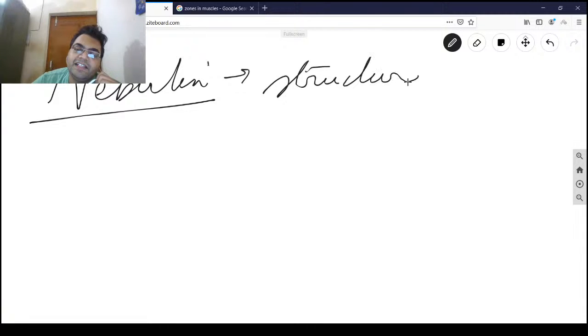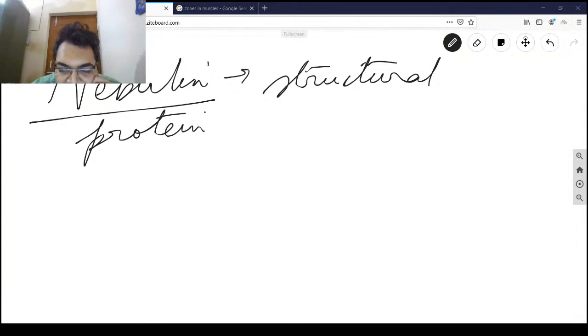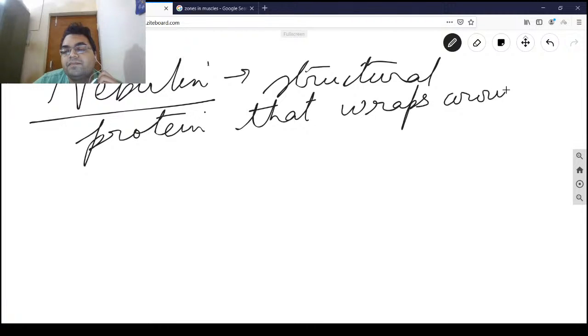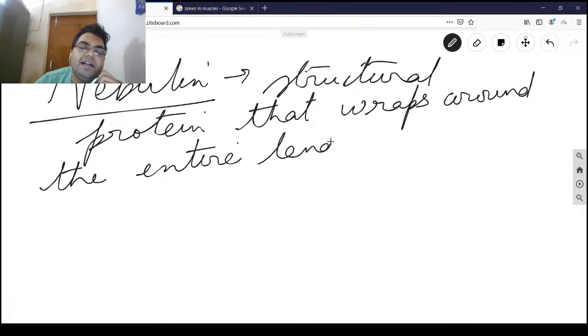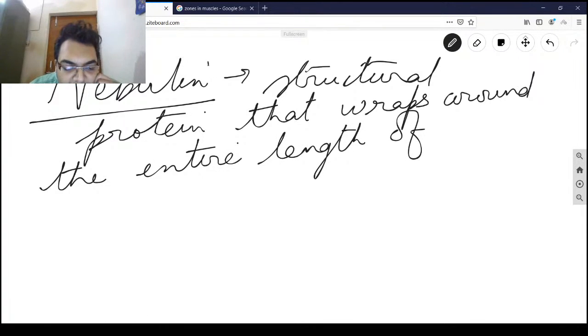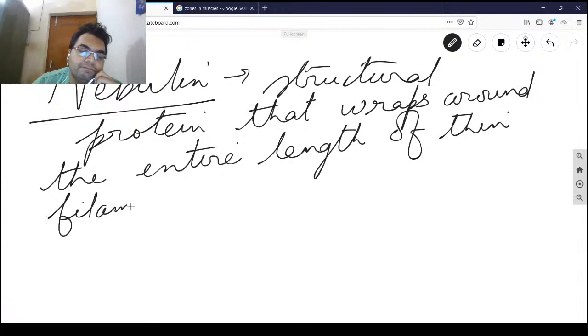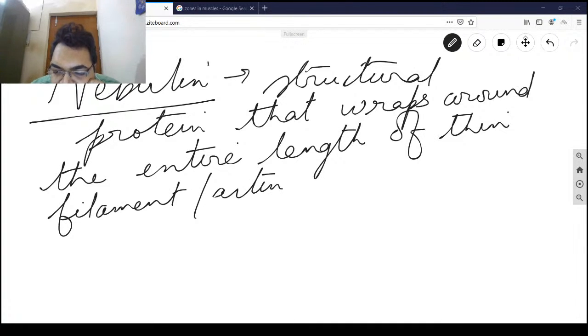It is the structural protein that wraps around the entire length of the thin filament, that is actin, slash actin protein.